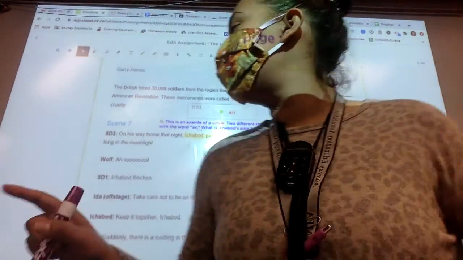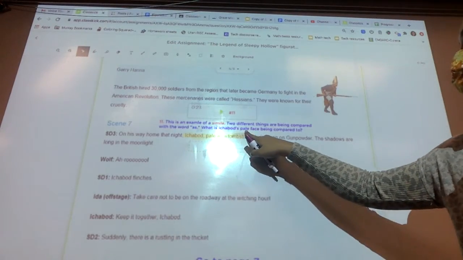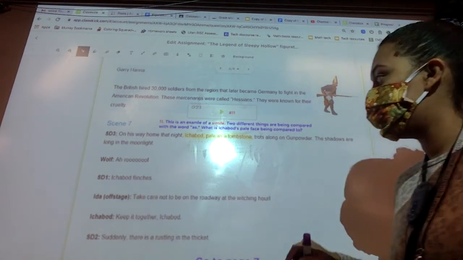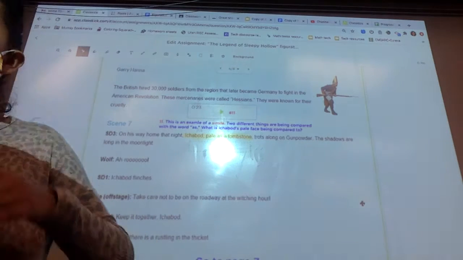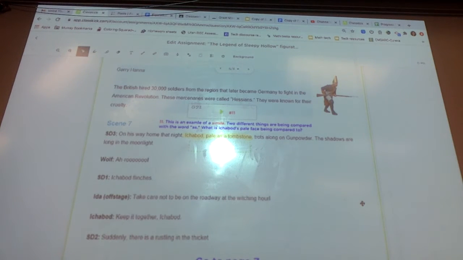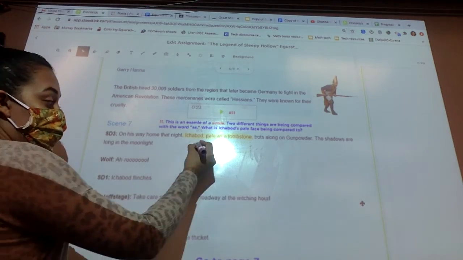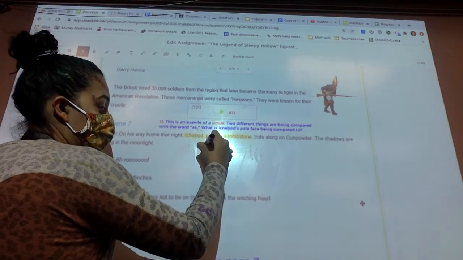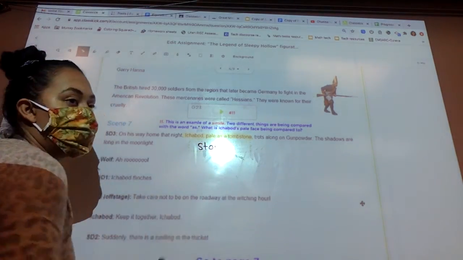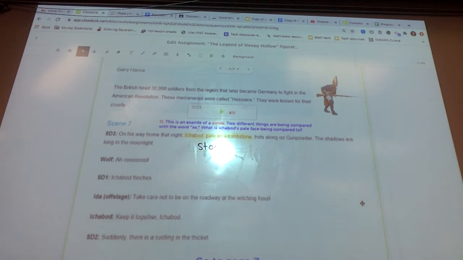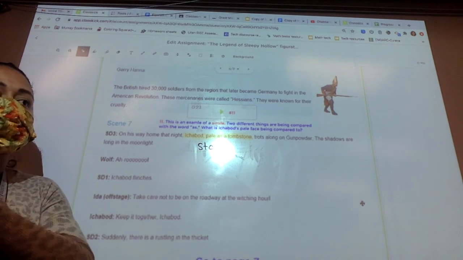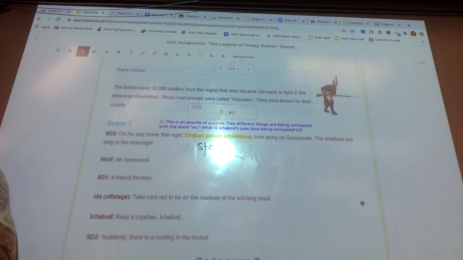What is Ichabod's pale face being compared to? Stone. Okay. I'm just going to put stone because it's a pretty small text box. So stone or rock, which is kind of like whitish grayish, right?